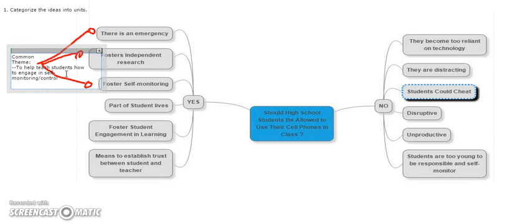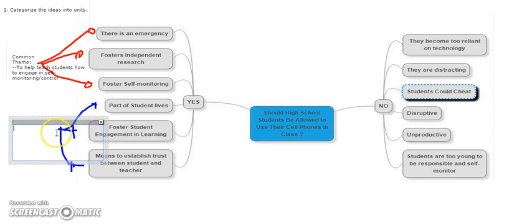All right. Also looking at the next set of ideas, I might look at part of students' lives, fostering engagement, and establishing trust, and I could easily categorize these three into, again, another common theme, a different common theme.